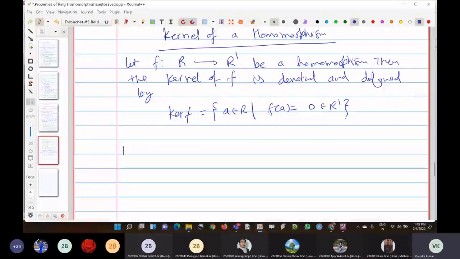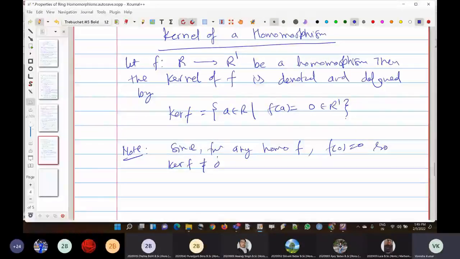Note that for any homomorphism f, f of 0 maps to 0, so the kernel of f is never empty.